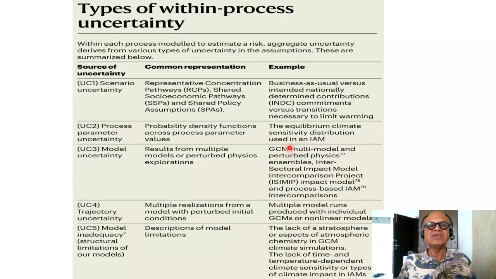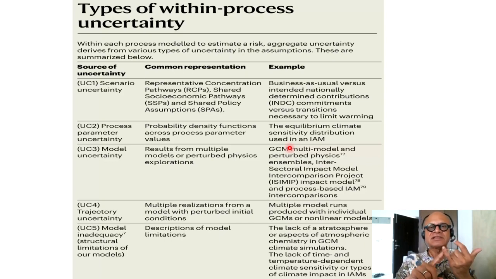Types of within process uncertainty. Within each process modeled to estimate a risk, aggregate uncertainty derives from various types of uncertainty in the assumptions. These are summarized below. So remember that IPCC itself defines risk as a multiplier of hazard, exposure, vulnerability, and now they've also added something called response.